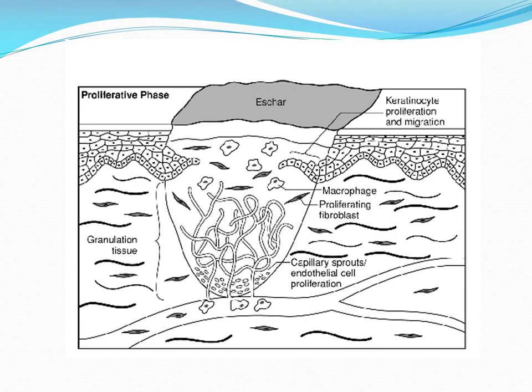So we need to replace this temporary cover with a permanent one, and that is going to be done by the proliferation and migration of these basal cell layers from the dermis, and it's going to form a complete sheet that's going to cover the wound in a permanent way.